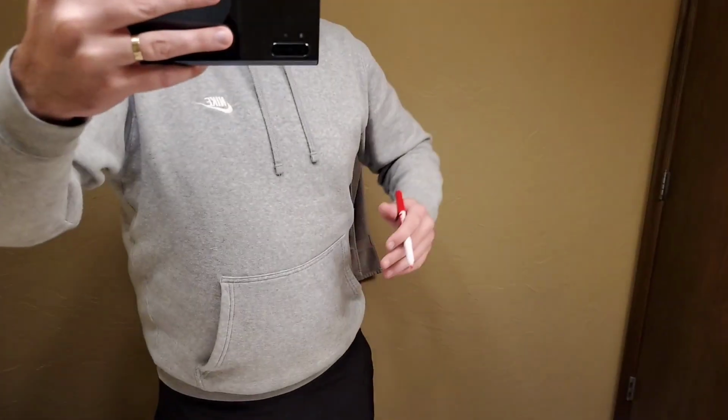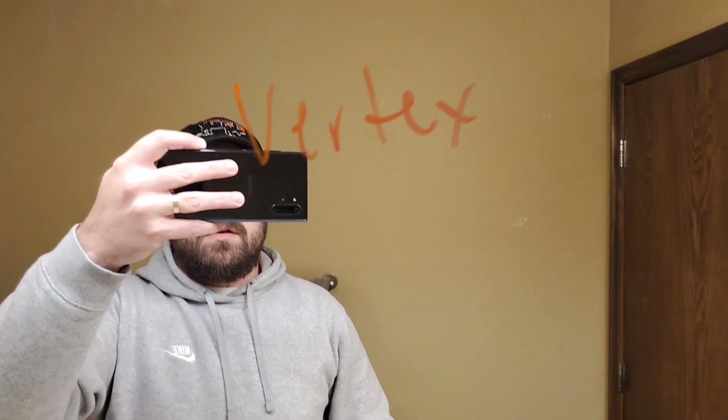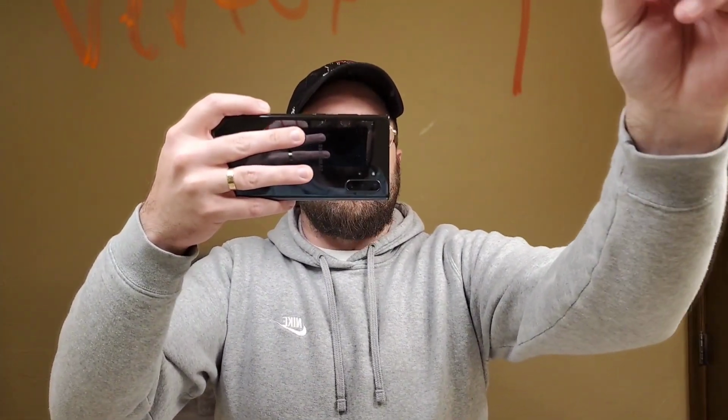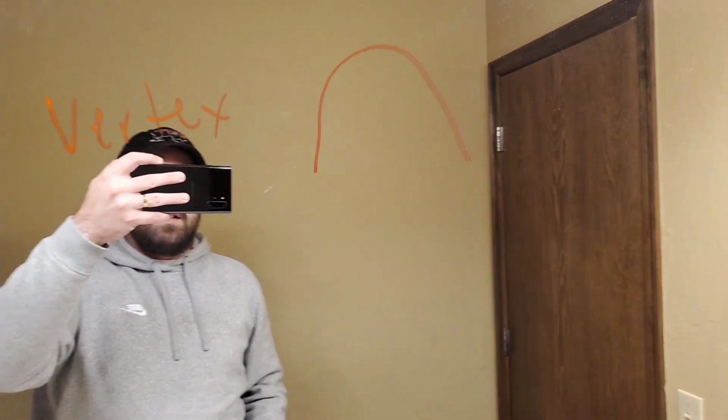Okay, so what do we know about this graph I just showed you? It's got a vertex. A vertex is that word, and it is also the top of a parabola. A parabola, and you saw there are two of them on there. It's a graph that looks like this, kind of goes up and down, or sometimes they'll go down and up like that.